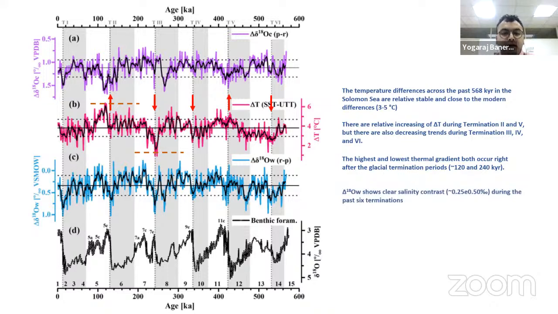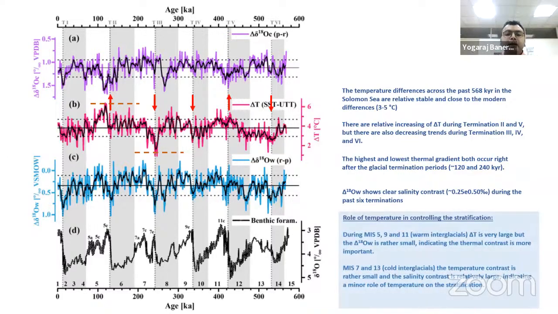And then the delta 18 O of the seawater record shows a clear salinity contrast, which ranges from around 0.25 to around 5 per mil throughout the past 6 terminations.